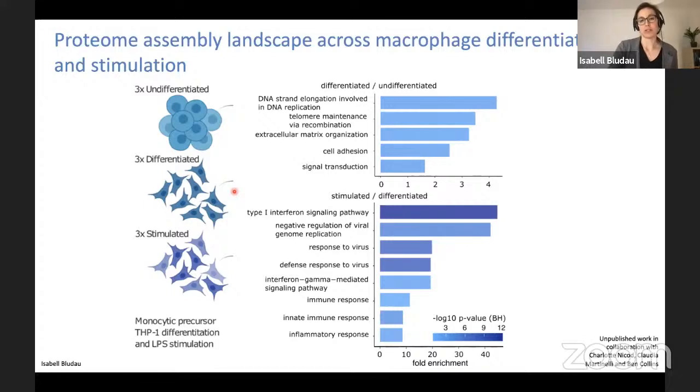And upon stimulation, we see that pathways that are related to immune response and to virus infections are actually highly enriched, which is confirming that our experiment should actually have worked.